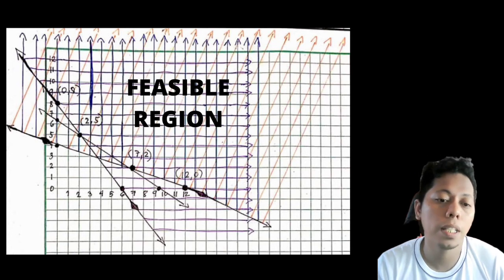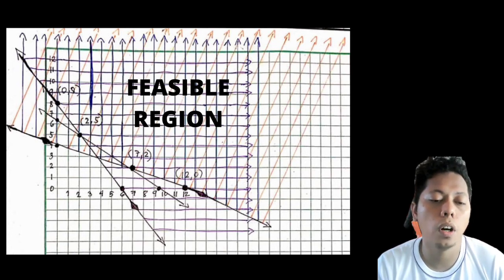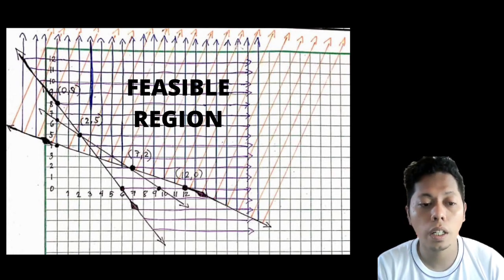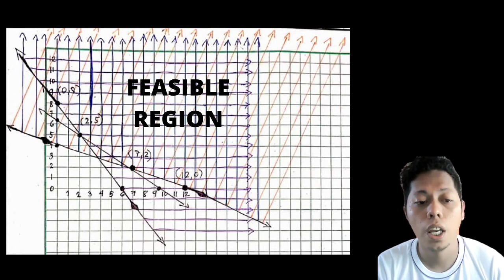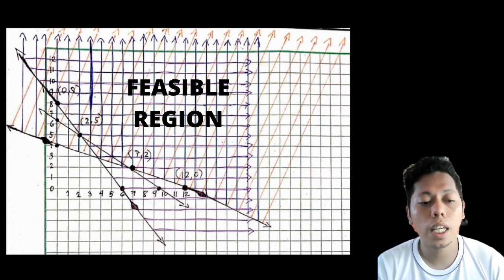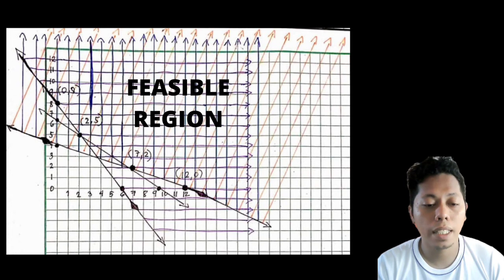How would you know if the region from the graph is a feasible region? It is the region where all of the line graphs meet, and it means that this region is feasible.